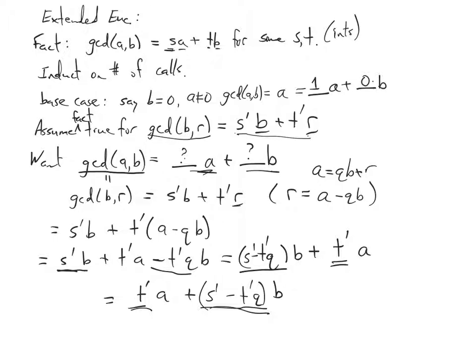We call this guy S and this guy T in our original proof. So that concludes that. Now let's look at the code, but just a smidge, then we'll look at the example. And that will conclude our work with the extended GCD, which is a very powerful thing.